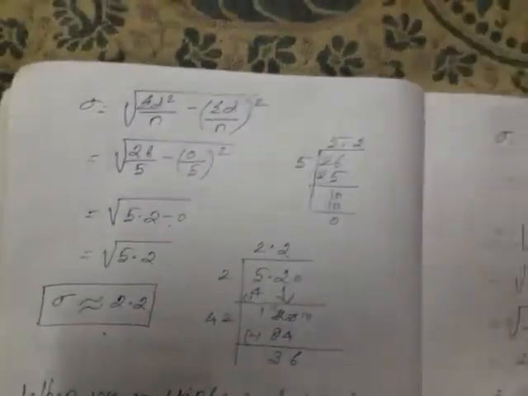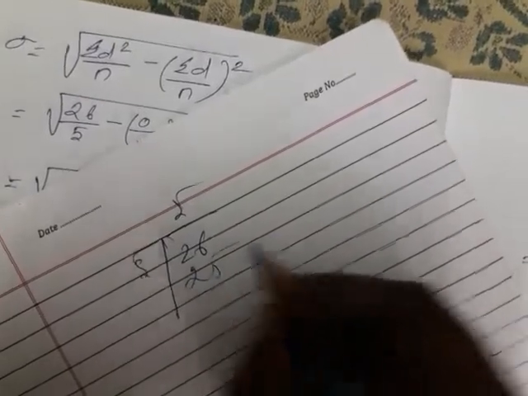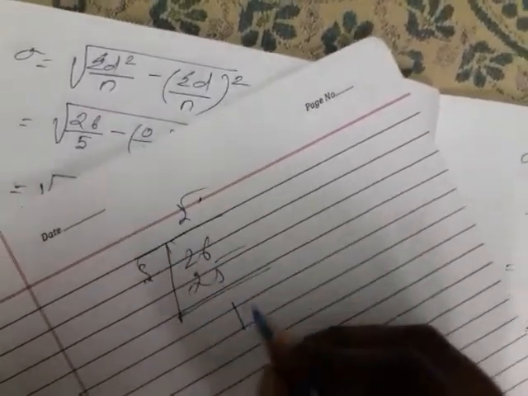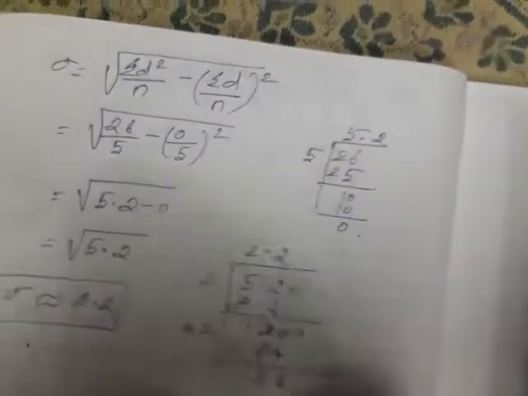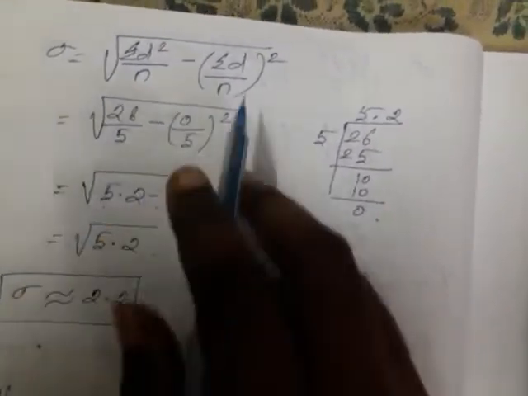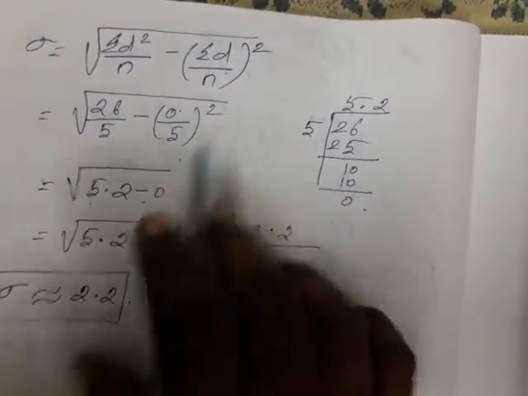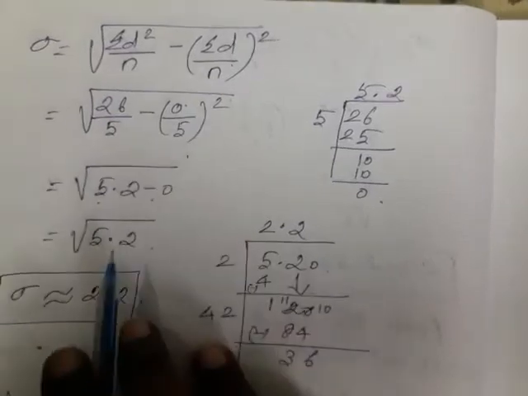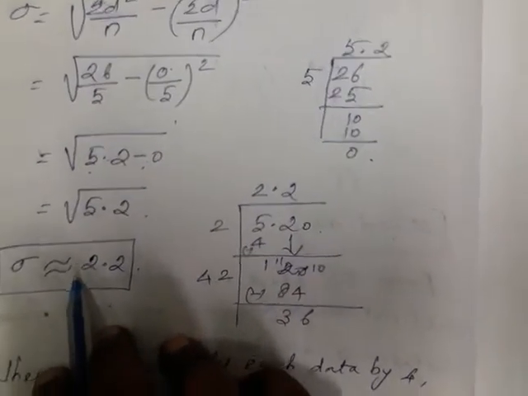Divide 26 by 5: 5 fives are 25, remaining 1, add a point and 0, 2 fives are 10. So we get 5.2. Sum of D is 0, so 0 by 5 is 0 only. So 5.2 minus 0 is 5.2. Using this you have to find sigma using the long division method.